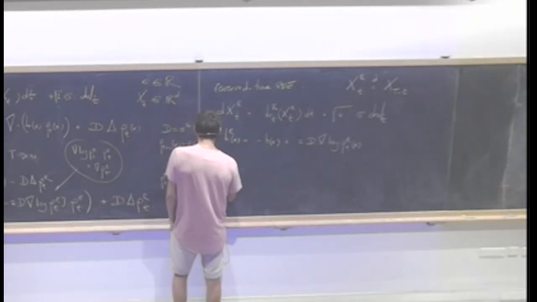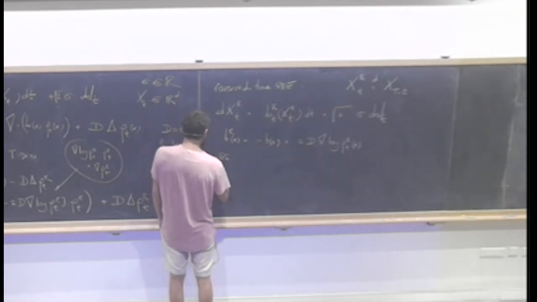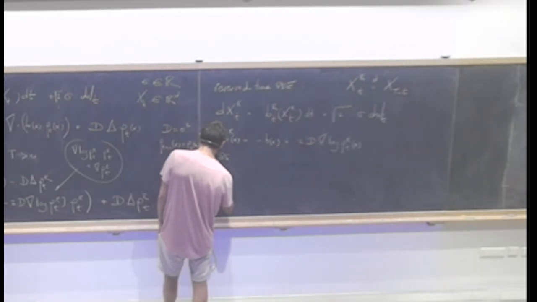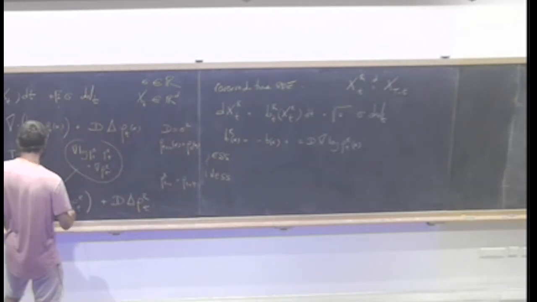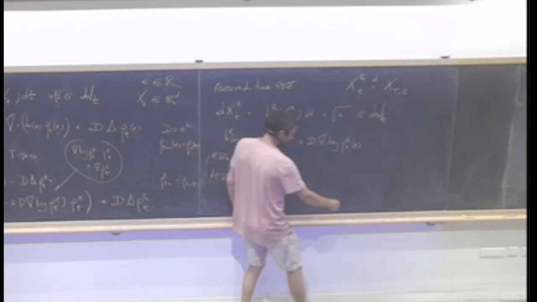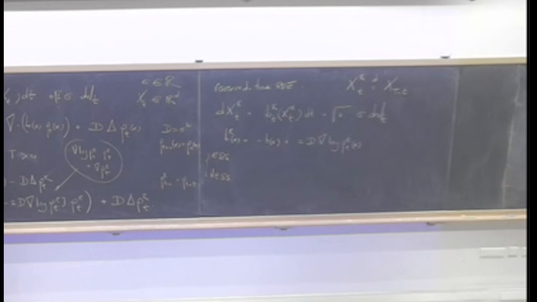So this becomes interesting if you are at a statistical steady state. I'm going to distinguish between a non-equilibrium statistical steady state and equilibrium. So what does steady state mean? It means that this is equal to 0, and so then this is equal to 0.